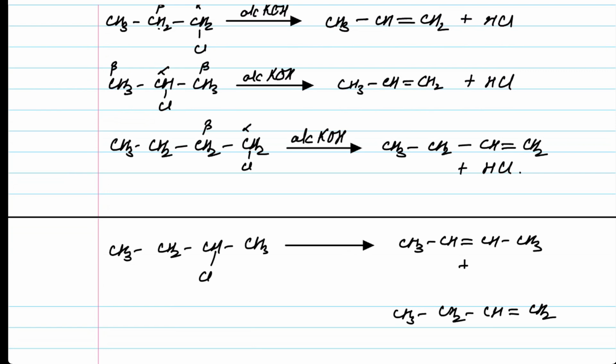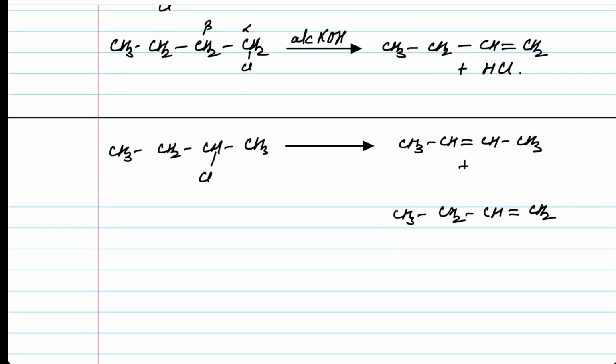Now, if we talk about these two alkenes, what we find is that this particular alkene has this as the alpha carbon, this as the alpha carbon. Now, this is what we have as the functional group in this particular alkene. What we find is that these alpha hydrogens have a capacity to hyperconjugate with the double bond.